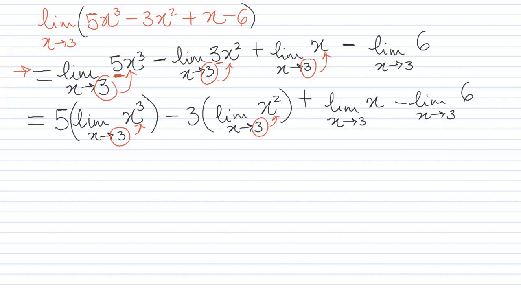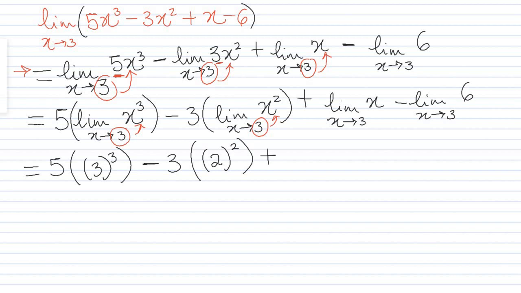So you end up with 5 multiplied by 3 cubed, minus 3 multiplied by, oh no, not 2 squared actually, 3 squared, plus just 3.